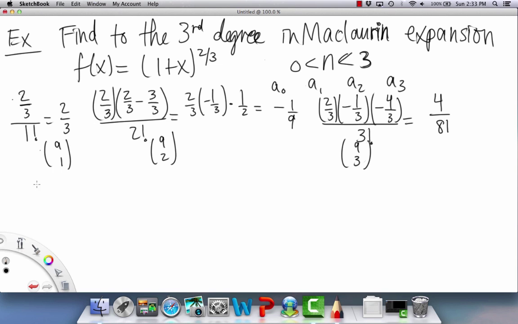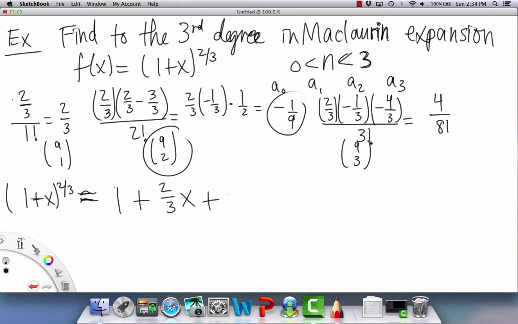So when we plug them in, we get 1 plus x to the 2 over 3. So this is what we're trying to find, the expansion of it. So it's approximately 1 plus 2 over 3. We're going to plug in this coefficient in front of x, and we're going to plug in this coefficient in front of x squared.